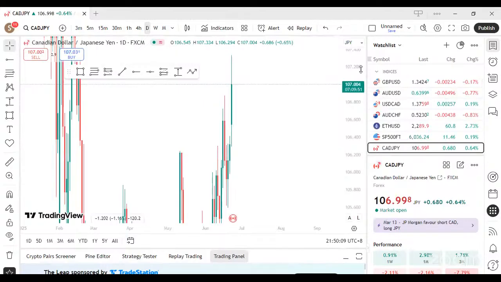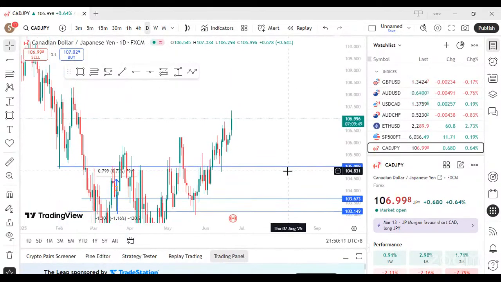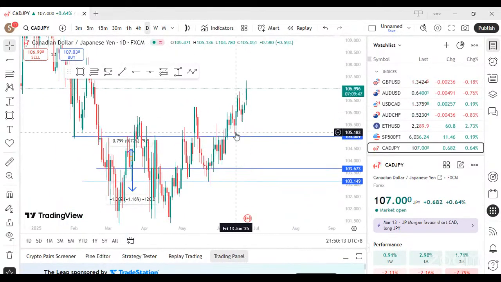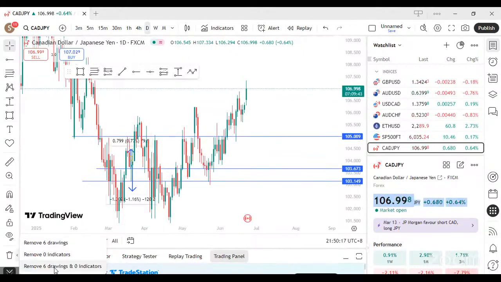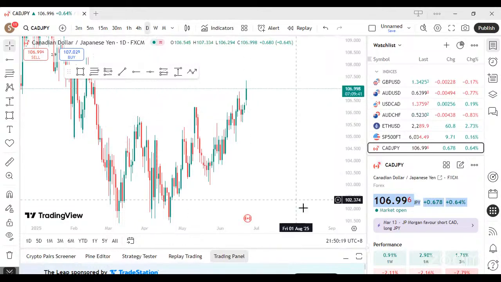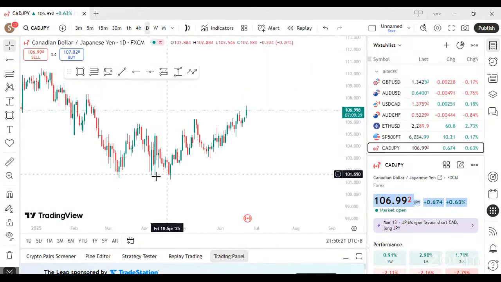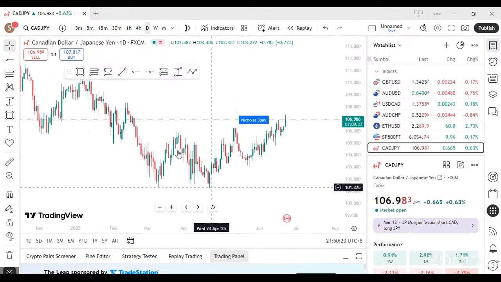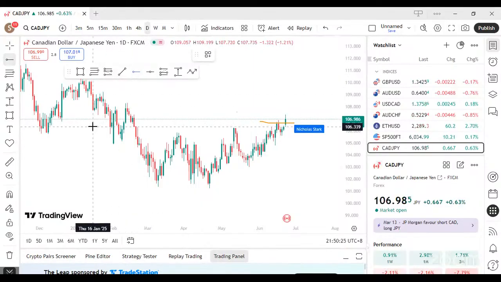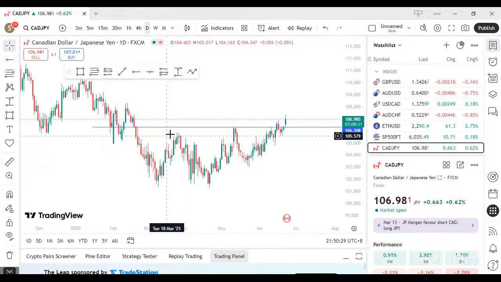Start with the daily. Wait, let me just clear everything. I think it broke the. Yeah, we just broke a resistance. It's around here, right? Correct, we just focus on this resistance.